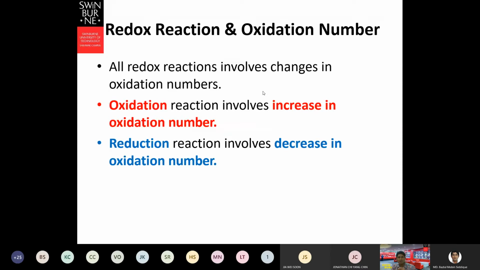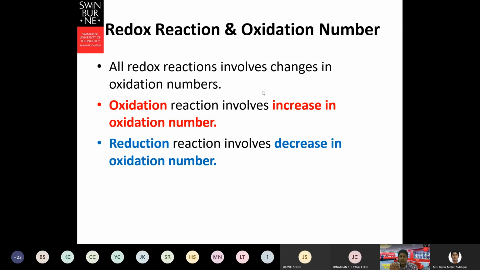Electron transfer is the main thing that is happening, and that is why we get new products. We mix A and B, we get C and D. So some kind of electron transfer is associated with every chemical equation.